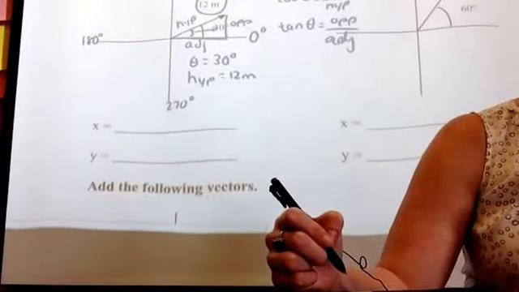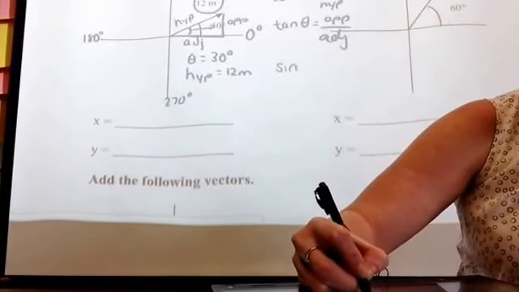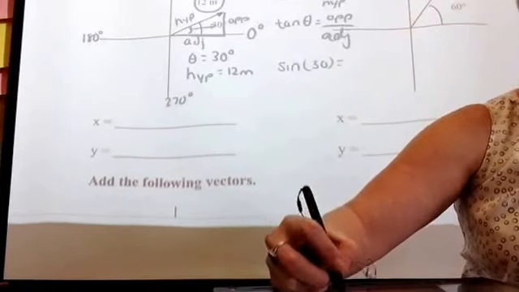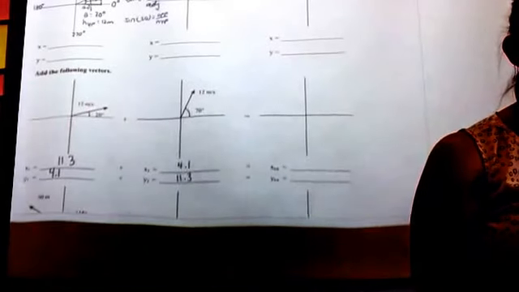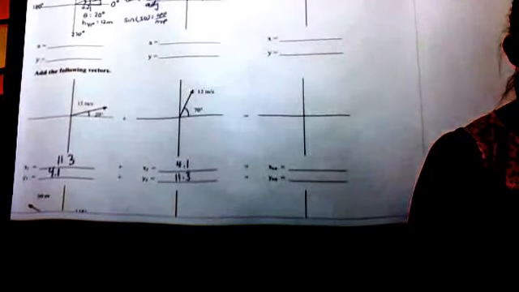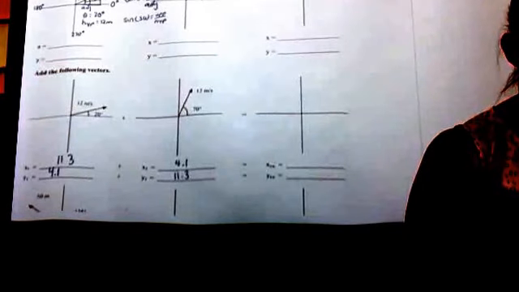And then to find the opposite side, we're going to take the sine of 30 is equal to the opposite over the hypotenuse. So you take your calculator and you plug in sine 30 times the hypotenuse.